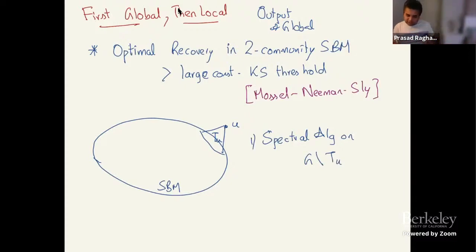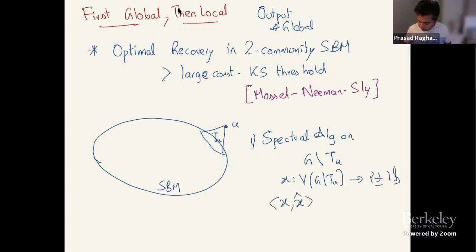You do get a plus minus one cut, and it's not a probabilistic object; there's no nice probability distribution on it. But one thing that is true is that the plus minus one values are globally correlated with the true solution. So you get a cut X on the vertices of G minus T_U that is correlated with the true cut X hat, with correlation like 0.9, let's say 1 minus beta.